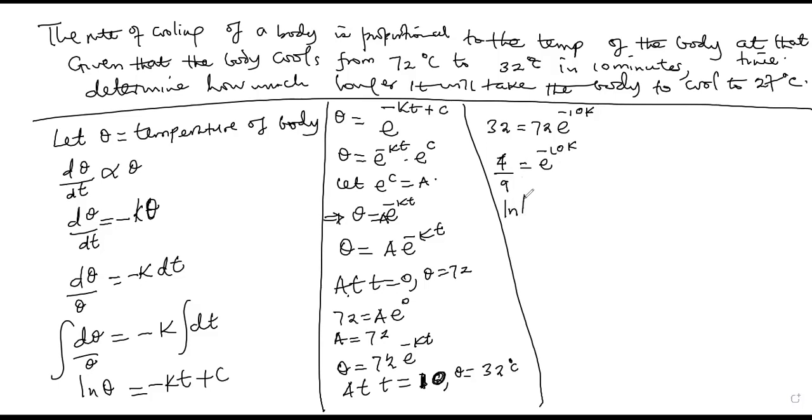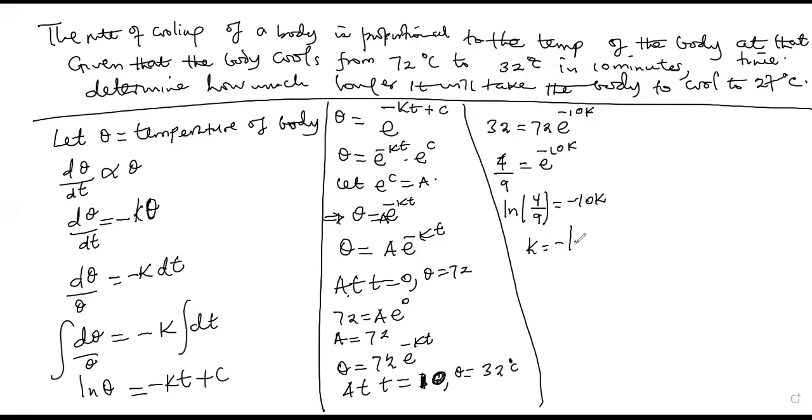You cannot solve it when you have not introduced ln, since you have it as a power. So ln 4 over 9 is equal to negative 10K. So our K is going to be equal to negative ln.